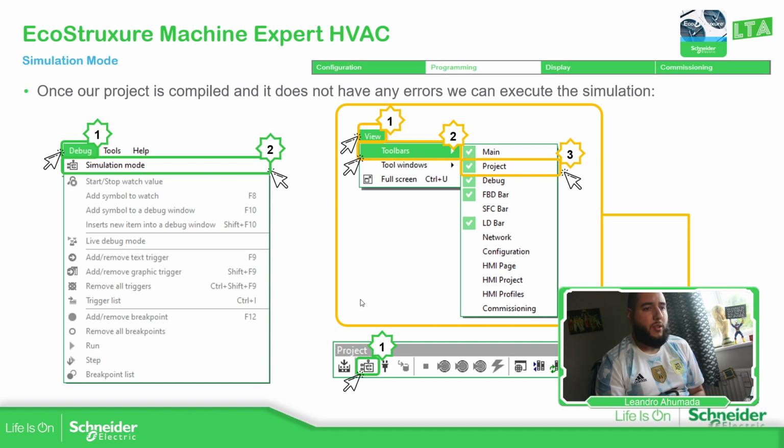The other one is using this toolbar. If you're not able to see this project toolbar, we need to go to View, Toolbar, and select Project. Then we just click on this icon that looks like a ladder icon with a few things. That one is for the simulation mode.